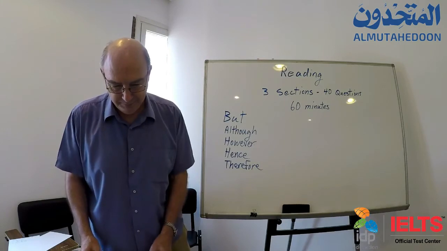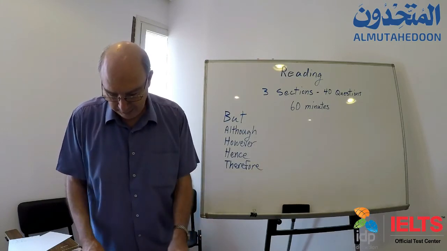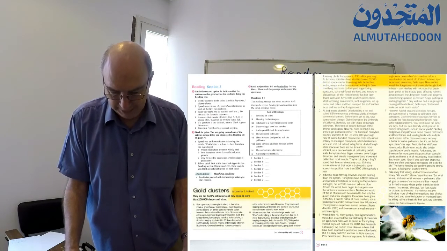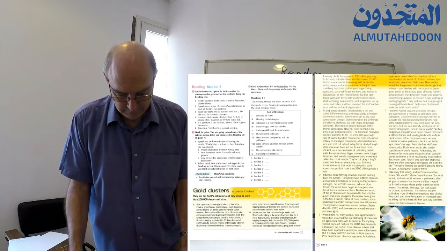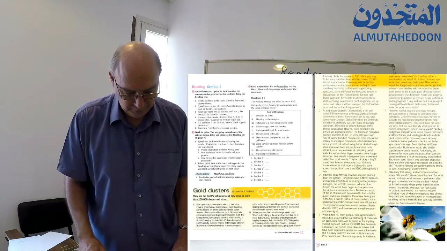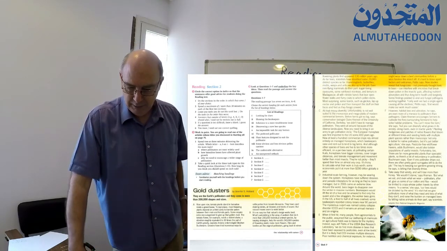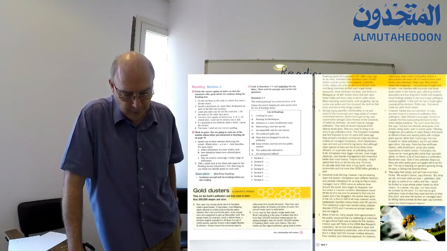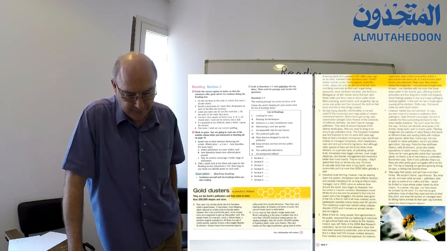Okay, let's go to the article we have here on pages 77 and 78. As you can tell from the beginning here, we have a honeycomb, so this is going to have a lot to do with bees, honeybees. The article is called Gold Dusters.